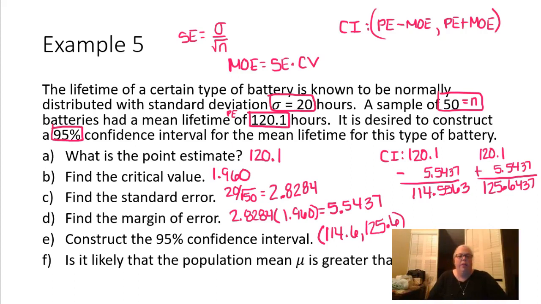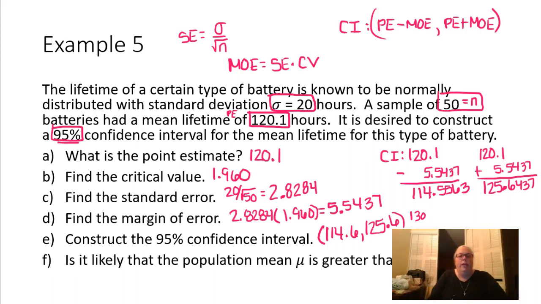All right, question F here. Is it likely that the population mean is greater than 130? In our confidence interval, we go from 114.6 to 125.6. So 130 is not even included in here. In fact, it's somewhere back here to the right of my largest number in my confidence interval.